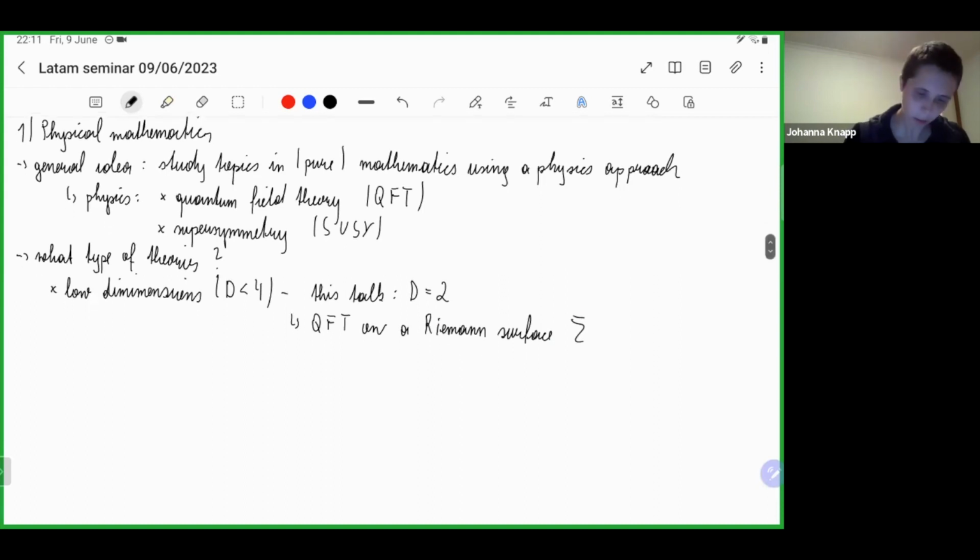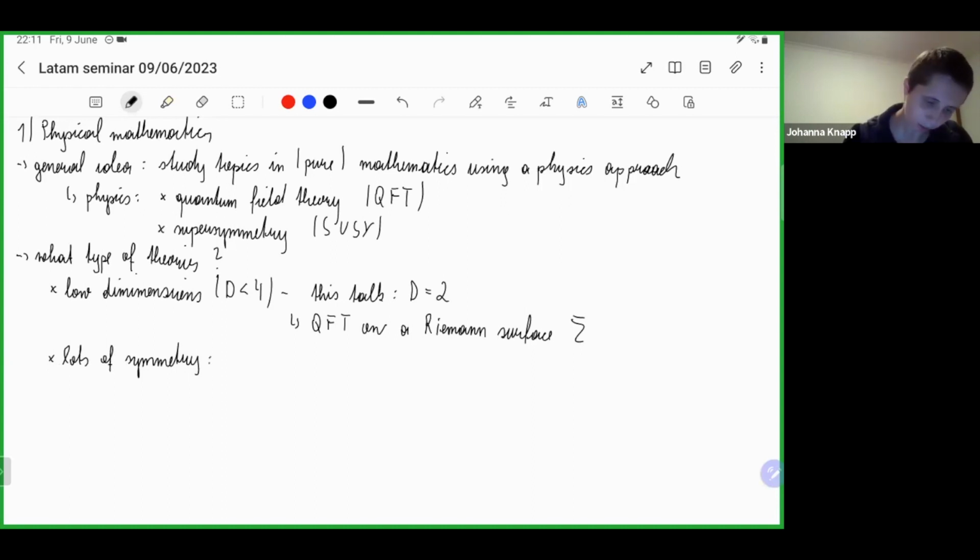So one thing is low dimensional theories. And another feature of these theories is that they usually have lots of symmetries. So in a sense, we make the theories comparatively simple.